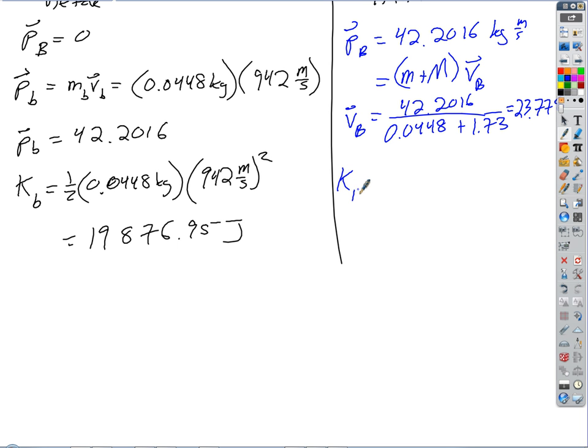The kinetic energy of the combination of the two is just going to be 1/2 times the combined mass times the speed squared. What's that? 501.74.